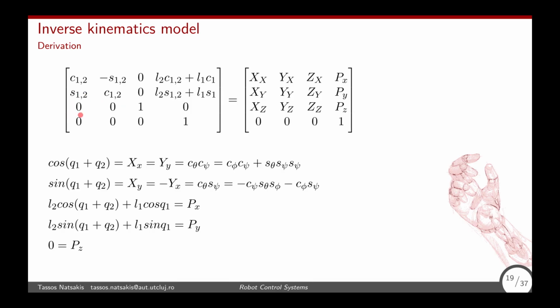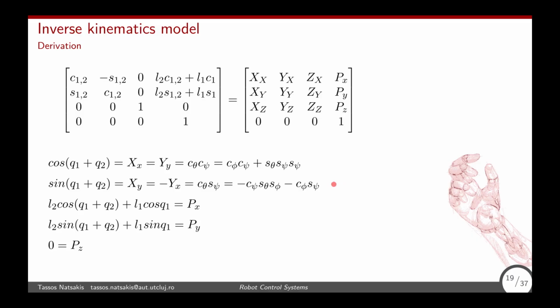For instance, xz and zx is also one negative to the other, but it's not always like this. Right, so from these two we get this equation, which is basically sine of Q1 plus Q2 equals xy, or minus yx, or if I look at the Euler side, it's basically this one.